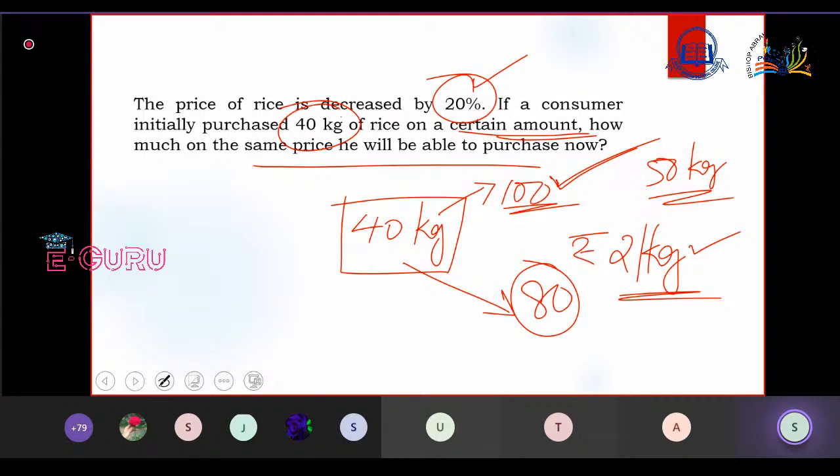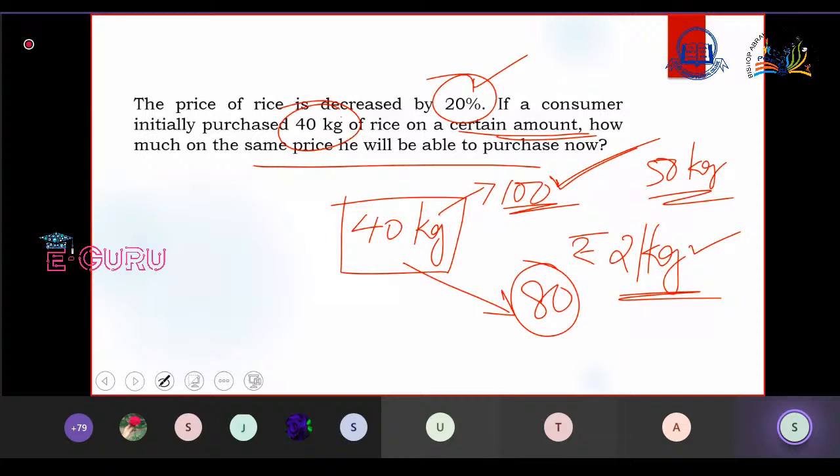Then someone may have some doubts. What if the price we assume is not 100, instead of 100 if you are taking any other value, whatever value you can take, the answer will be same. I choose 100 just to make the calculation easier, because when we are converting to percentage, if 100 is there, it is directly getting converted into percentage.